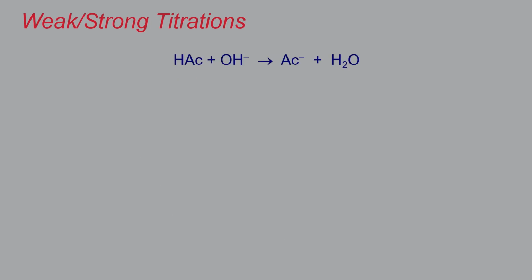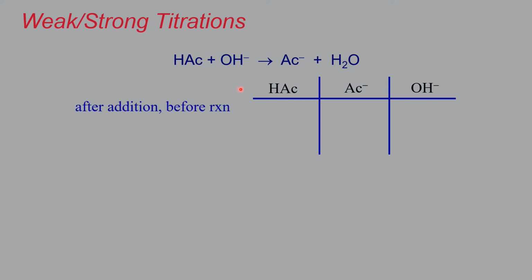All right, so what exactly are we looking at here in our titration flask? Well, we've got acetic acid and acetate and hydroxide, possibly. These are the concentrations that we calculated from the previous slide.